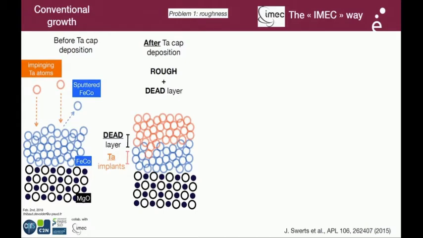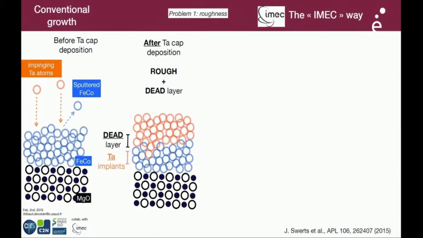This is generally assumed to be a dead layer. Dead layer can mean many things, but in this case it means you measure less moment than what you expect. And you also have tantalum implanted inside the iron cobalt layer.